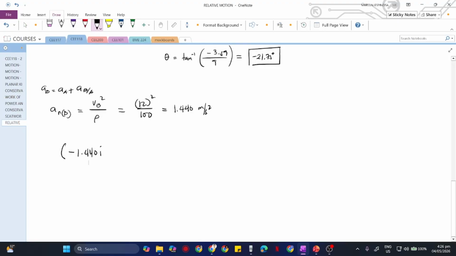And the J component is also negative: negative 3J.